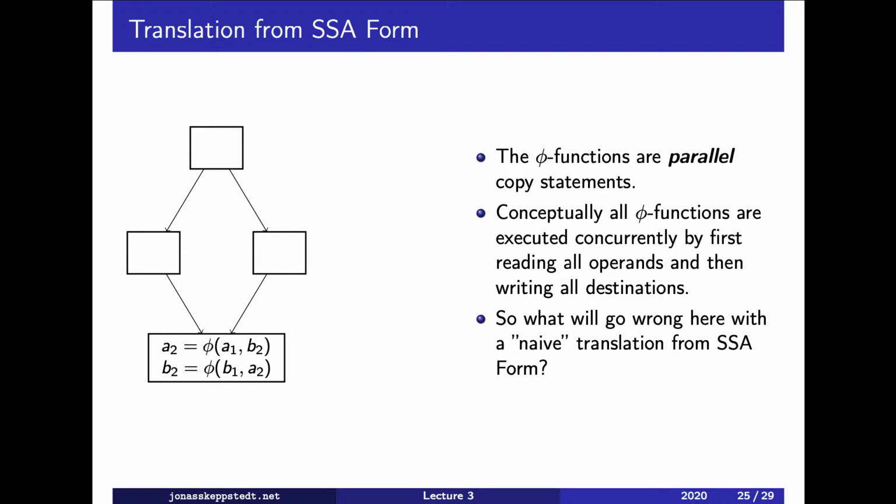The semantics of a phi function, or actually of all the phi functions taken together, is that we read all operands in one atomic operation, and then we set the destination, the left-hand side, to the corresponding value of the operand.